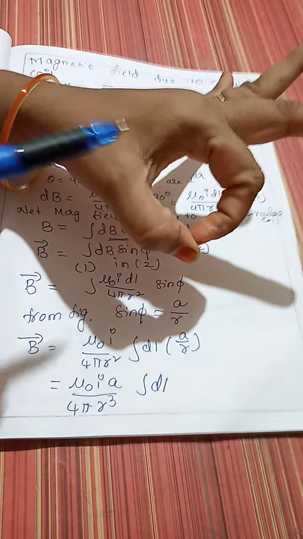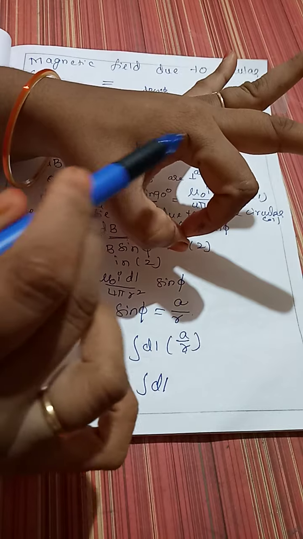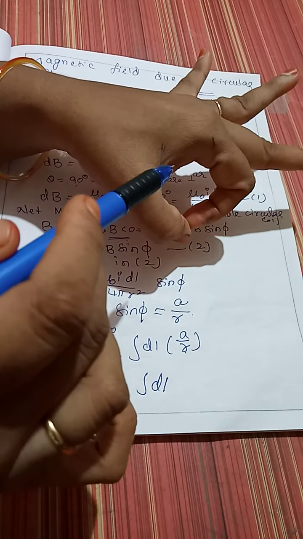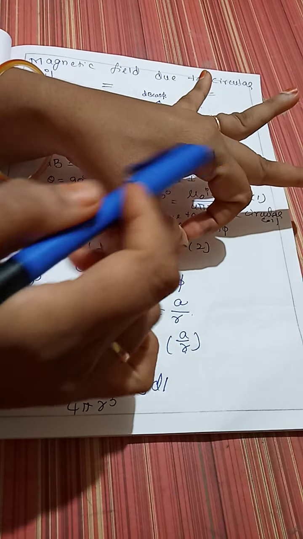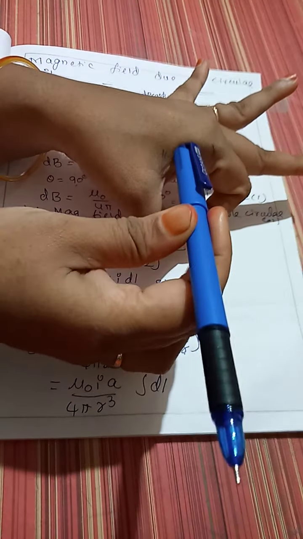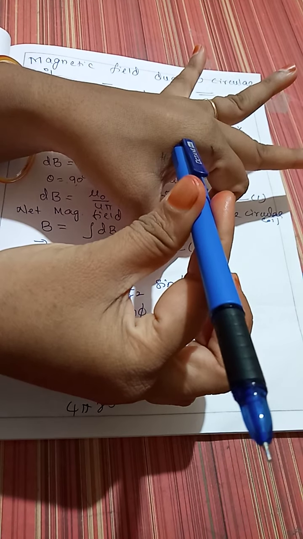If this is the circular coil and this is the element AB, this is dl, the length of the element, and this is the r drawn to the element.